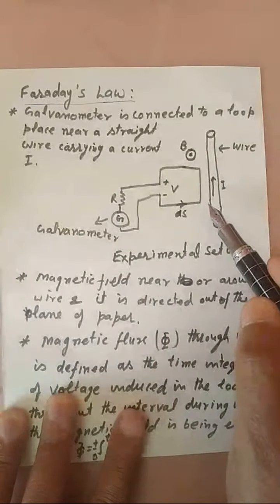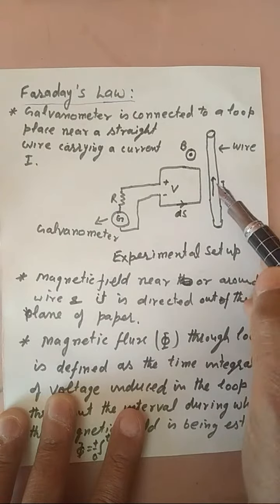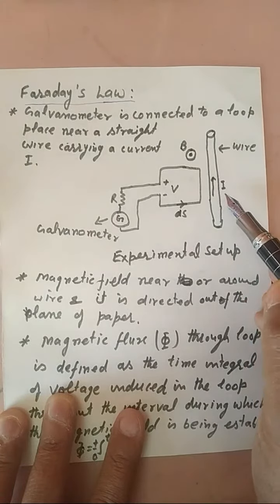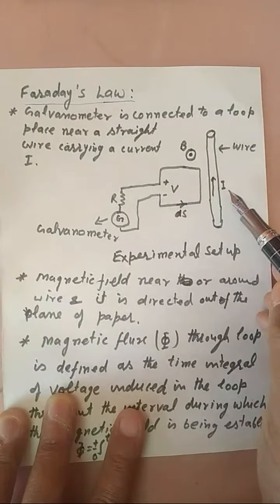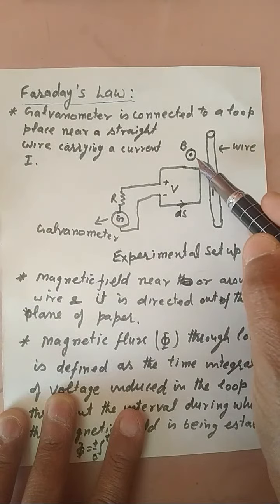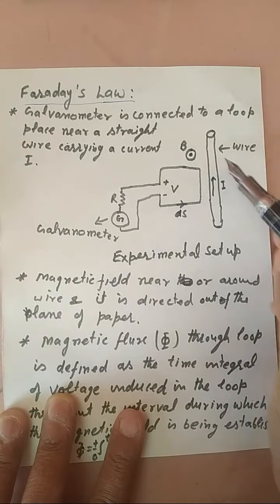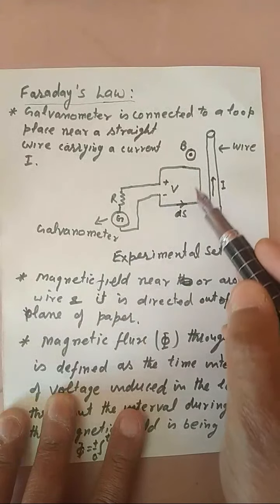And you know that when we pass the current through this wire, due to the flow of current in the wire, there is a magnetic field in the region around the wire.